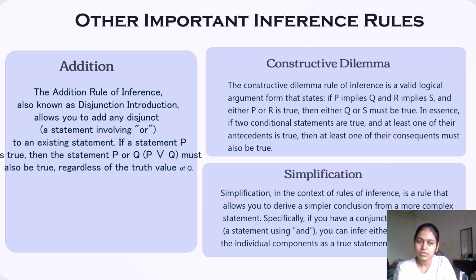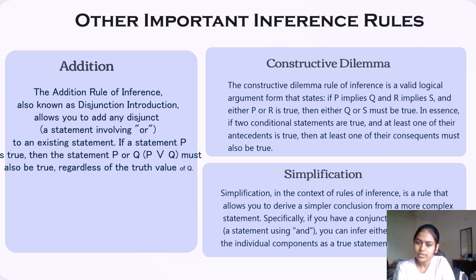If a statement P is true, then the statement P or Q must be true regardless of the truth value of Q. The constructive dilemma rule of inference is a valid logical argument which states: if P implies Q and R implies S, and either P or R is true, then either Q or S must be true. In essence, if two conditional statements are true and at least one of their antecedents is true, then at least one of their consequents must be true.